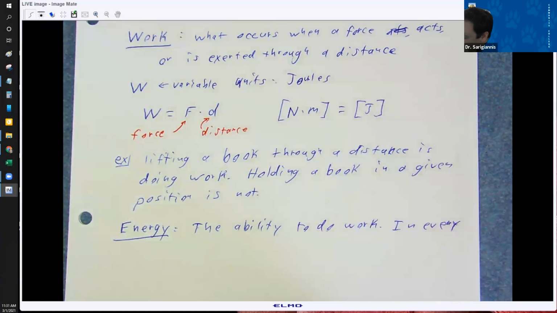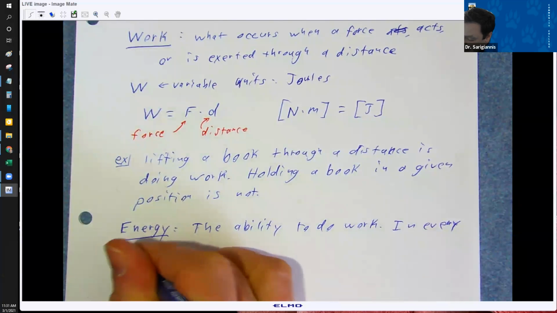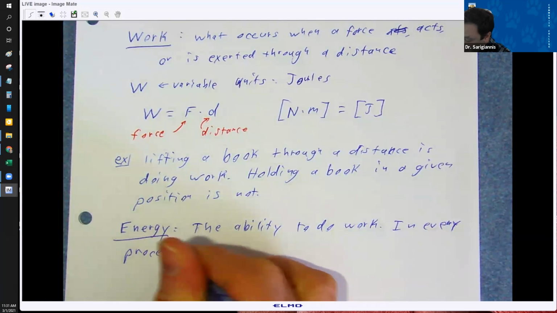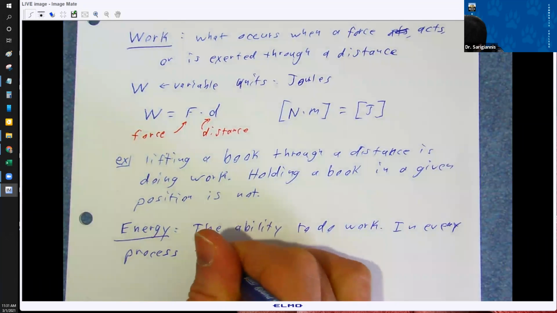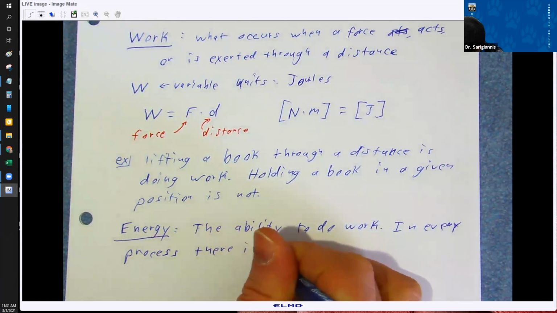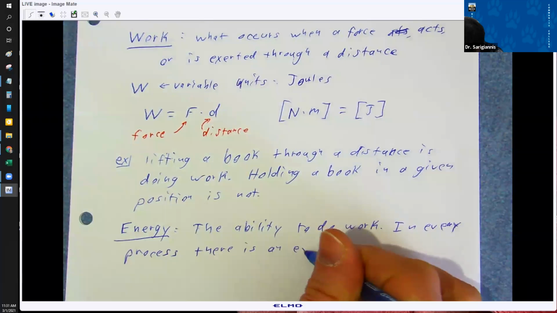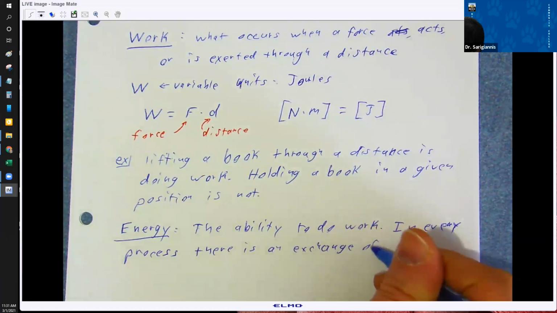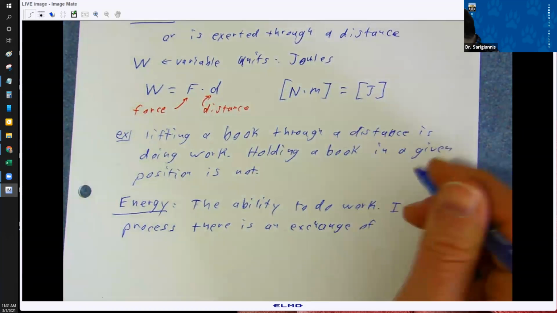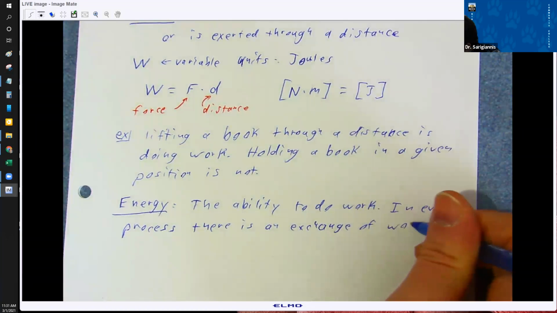In every process, there is an exchange of work and energy.